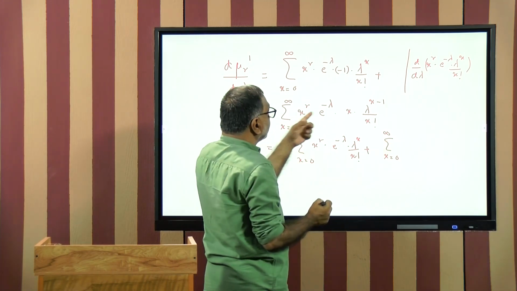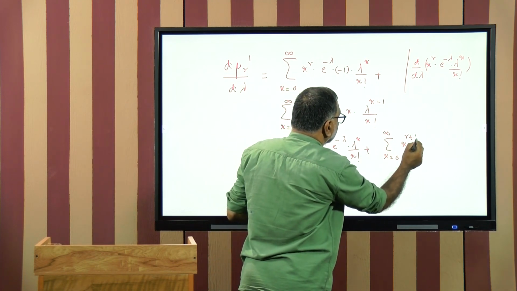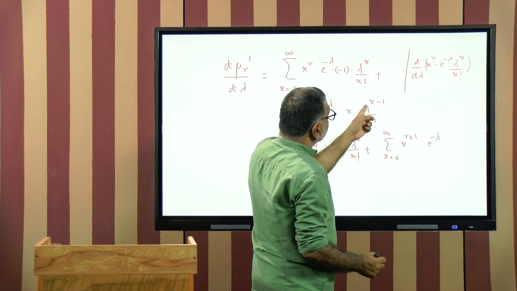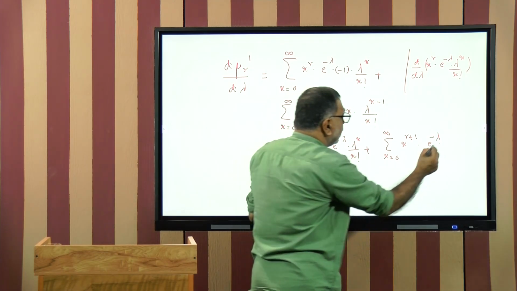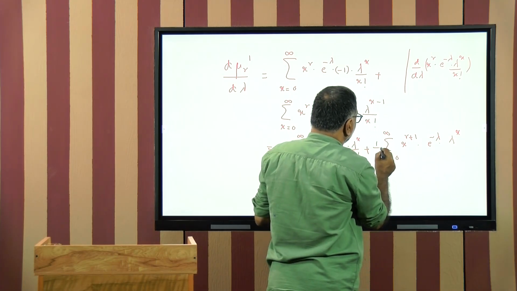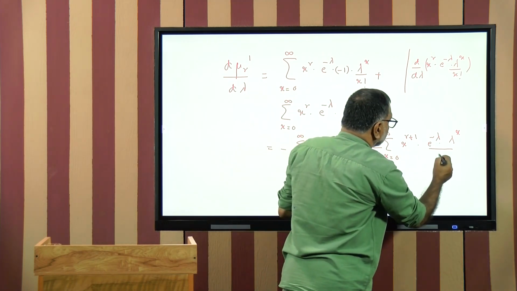Just look, x^r and x, you have x^(r+1) e^(-λ) λ^(x-1). You make that as λ^x itself, so that means we have to divide by λ here, divided by x factorial.